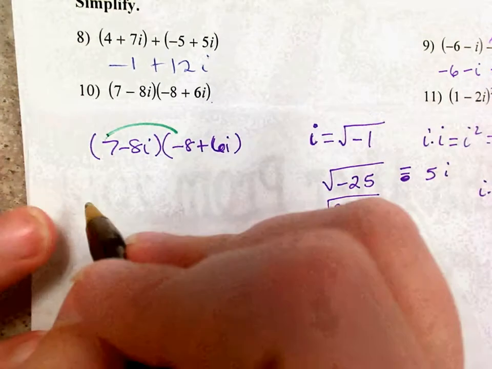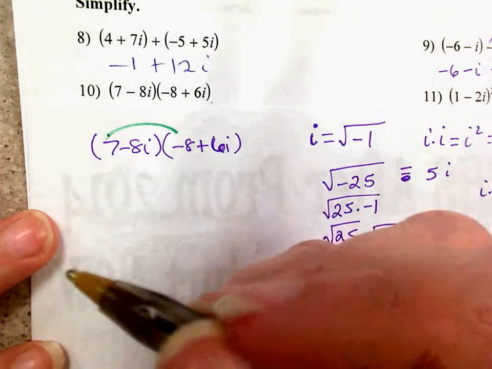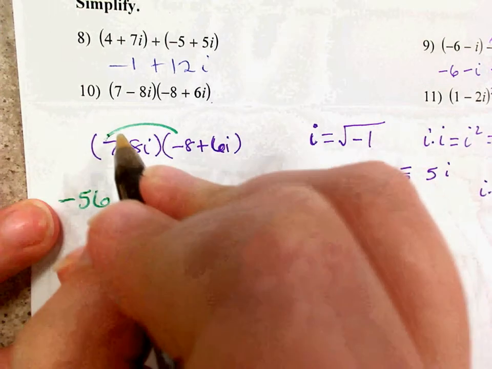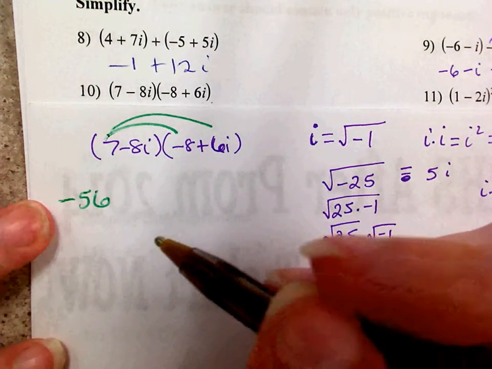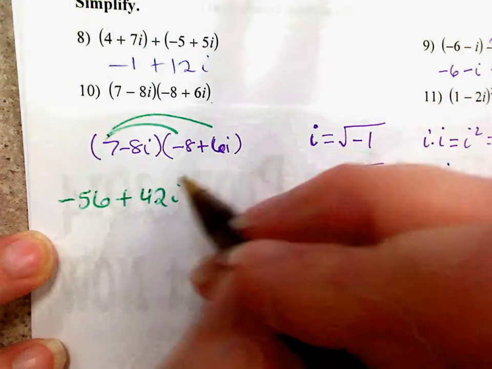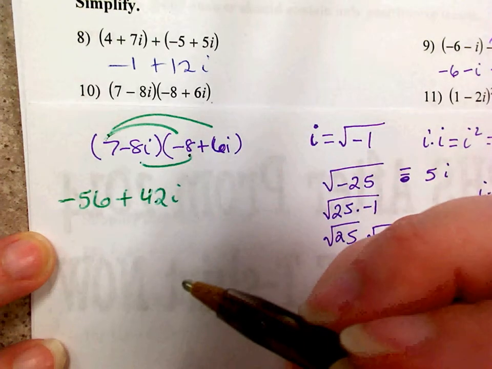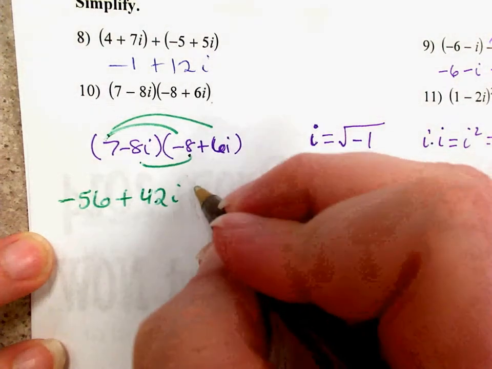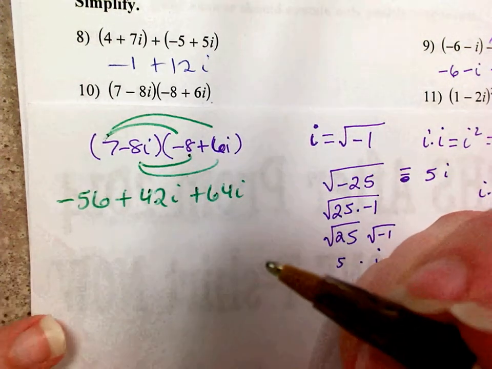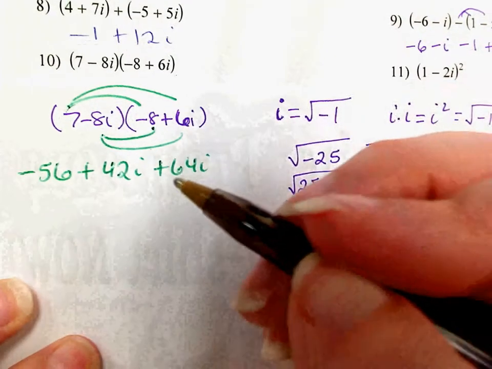Negative 56. 7 times 6i is 42i. Negative 8i and negative 8 is positive 64i, and then negative 8i and positive 6i is negative 48i to the second. Okay?